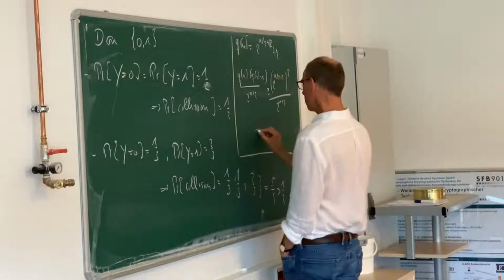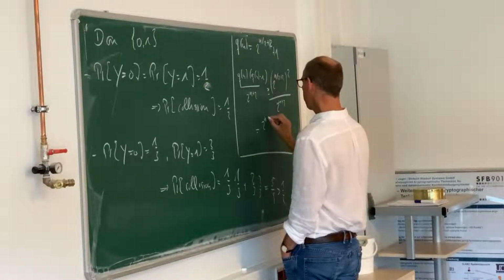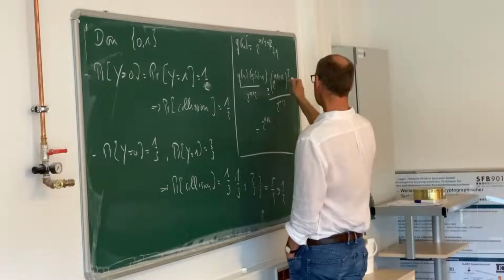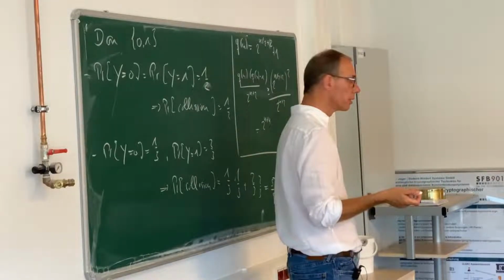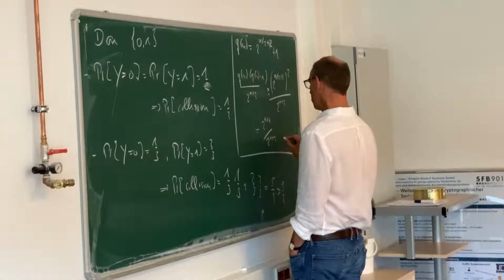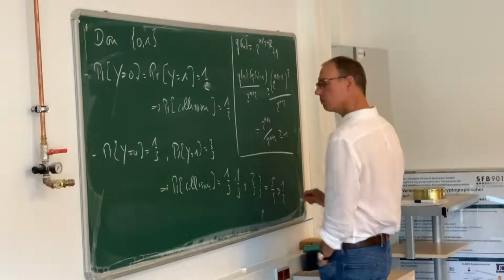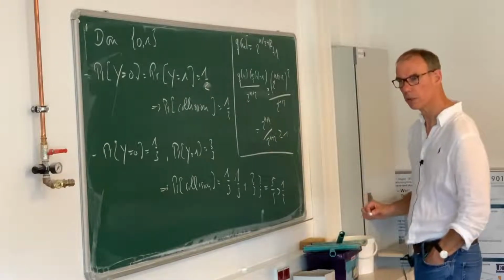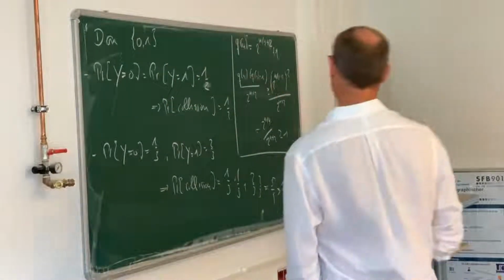Which is 2 to the n plus 4. Just multiply the exponents, divided by 2 to the n plus 2. And that's already larger than 1. What? Yeah, so this is at least, no, that cannot be 2. Wait.